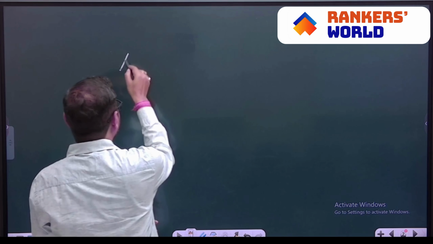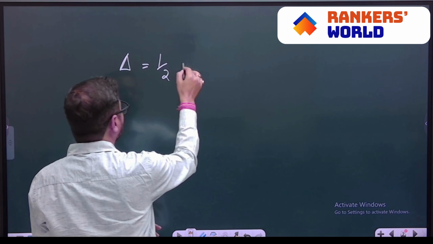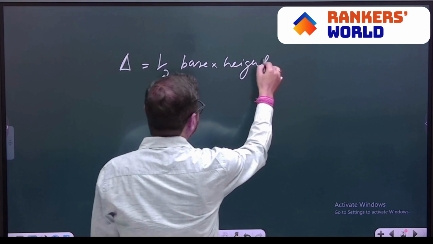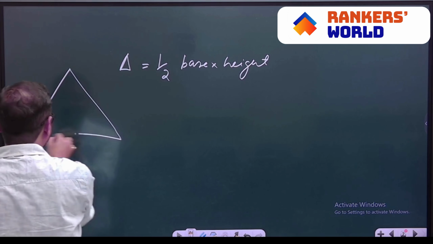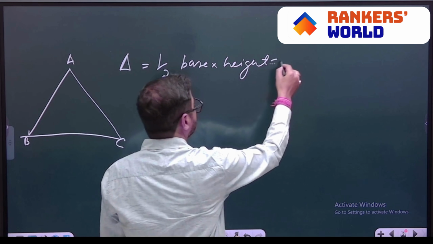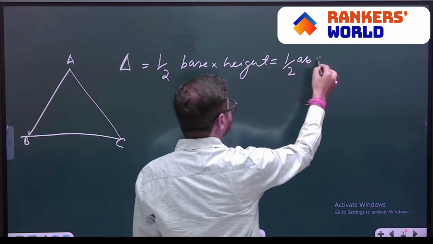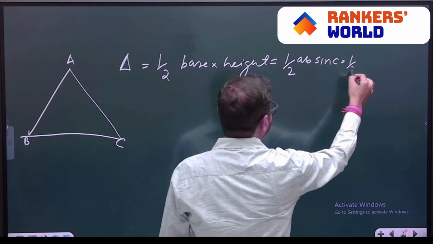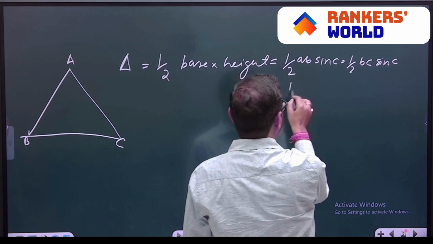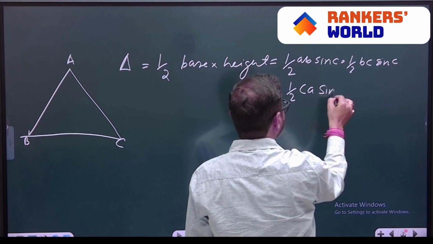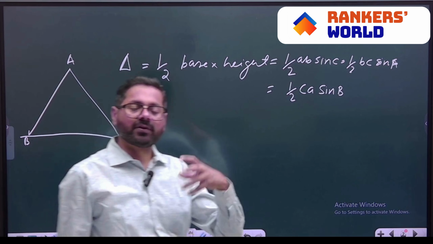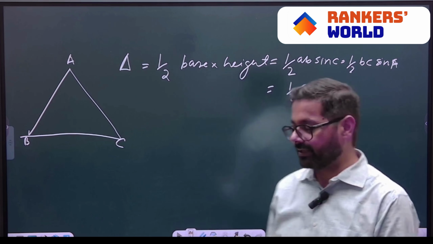So first we said the area of a triangle is half base into height, and while drawing a diagram ABC, we also learned it is nothing but half AB sine C, BC sine A, and CA sine B. So this one is multiple of any of two sides and sine of angle between it.